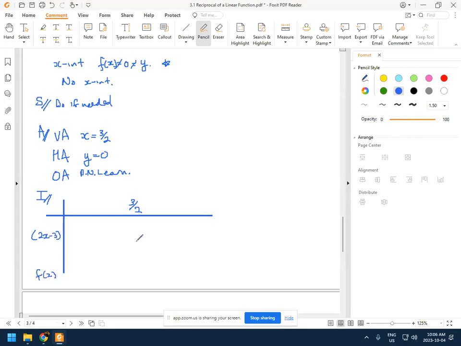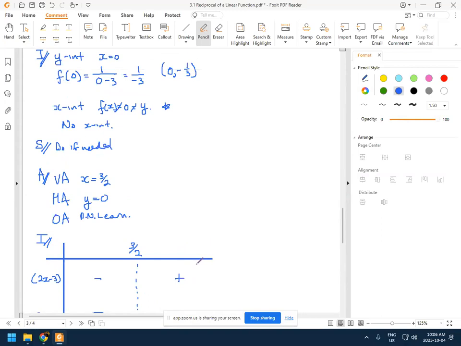Okay, here we go. Smaller than 3 over 2, let's try a 0. 0 minus 3, that's a negative, so my function is negative. The function cannot touch this dotted line, so I'm going to write VA to remind myself. And then a number bigger than 1.5, let's say like 10. It's going to be a positive, so my function is positive.